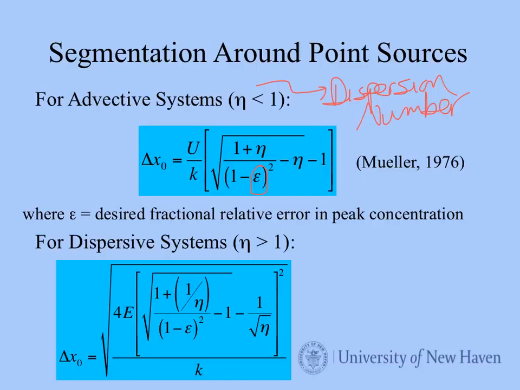That's why it's called the desired fractional relative error in that peak concentration. So you can set, in other words, what you want that to be.